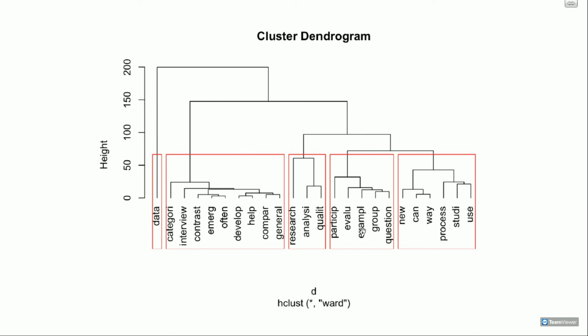So it drew a red border around the 5 clusters. Depending on how many clusters you need, say if you just wanted 2 clusters, it's probably going to draw data as one cluster and all these as another cluster, depending on the distance between them. You see that there is a line going from here. Data is very different from this huge cluster. So depending on the number of clusters you want to see, it's going to highlight those with a border around those clusters.